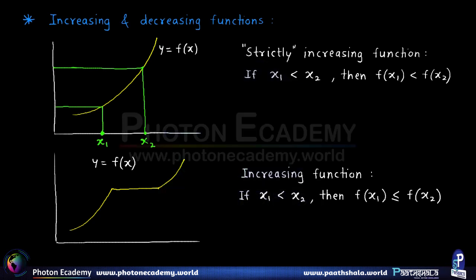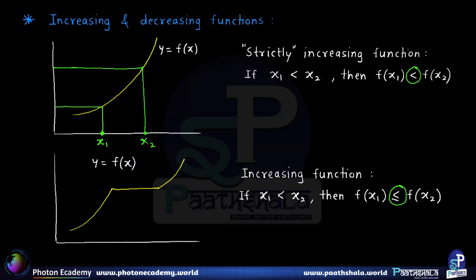Now if we allow the equality in the function comparison, right, in the strict case it was only less than, but now when we say just increasing function we allow the equality also. So in that case it means that at some point the function may remain constant, but otherwise it has to always be an increasing function. That is what is shown in the second figure.